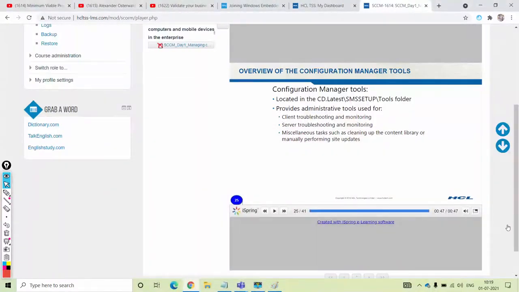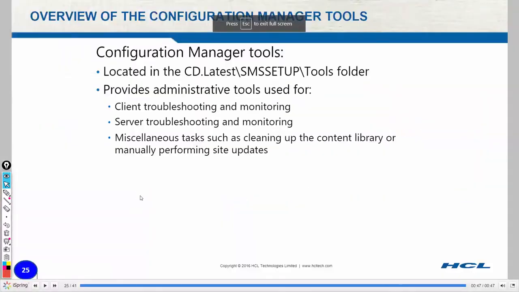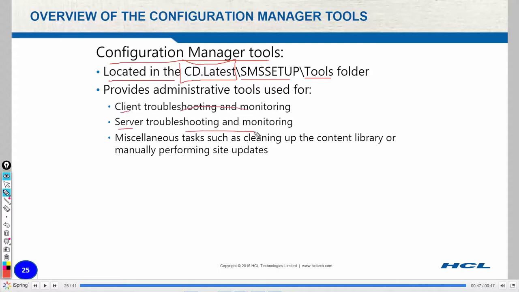Come back on the slide. Configuration Manager tools. You have the tools located in the SMS setup and tools folder, and cd.latest is the path of your CD. These tools provide client and server troubleshooting and monitoring.